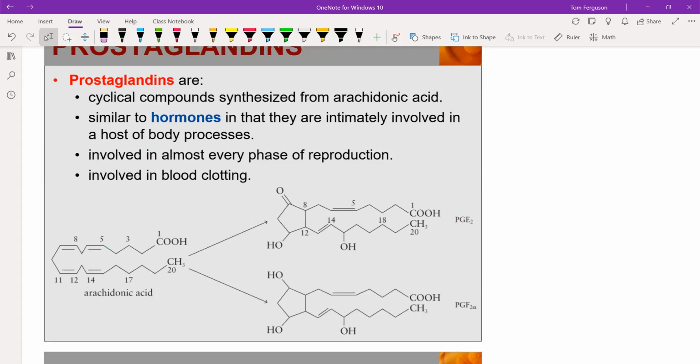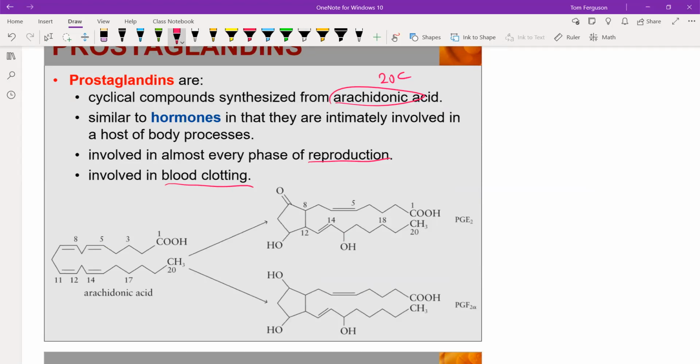Now, arachidonic acid is a 20-carbon acid.